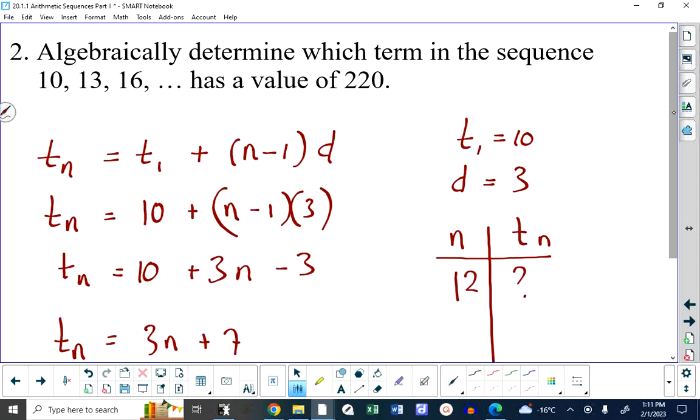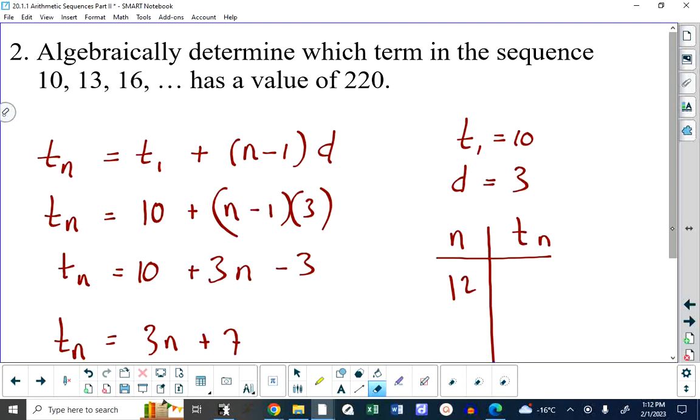In other words, let me explain to you in a different way. If we discover, well, let's try this. Can you put 12 into this equation at the bottom of the page? Just do that for me. You can do it on your calculator. You can do it in your head. I get 43 when I put 12 in here for n.